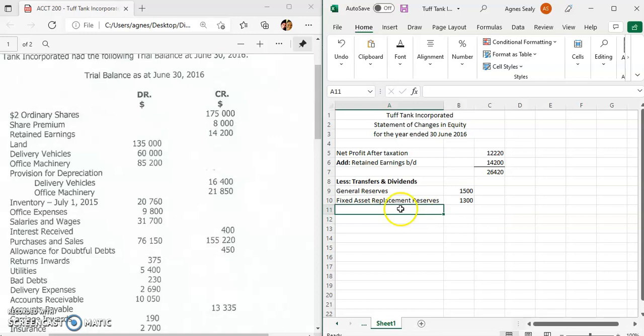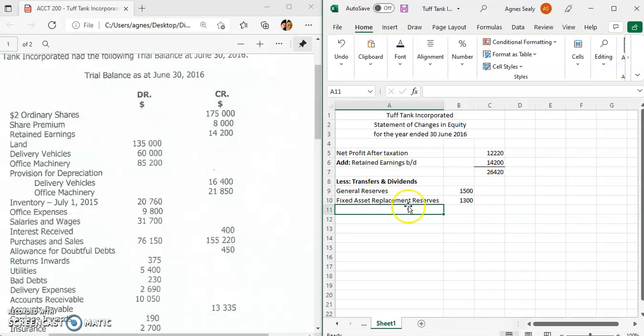So then if you would have had dividends, let's say you had dividends for ordinary shareholders, and let's say this question also had preference shareholders. Let's say the dividends for the ordinary shareholders was $2,500, and the dividends for the preference shareholders was $4,500.